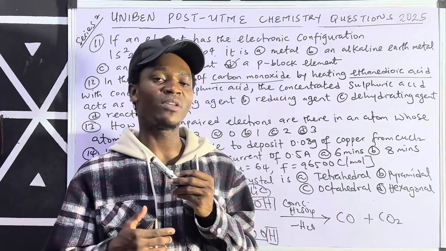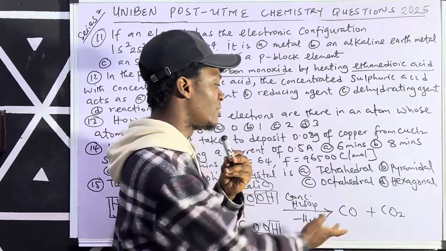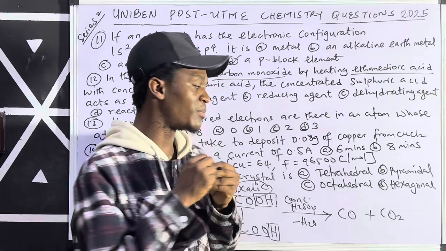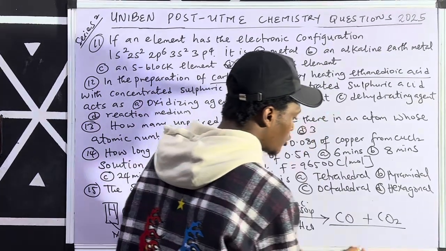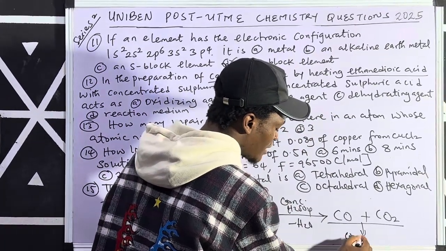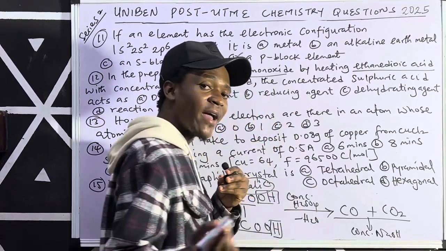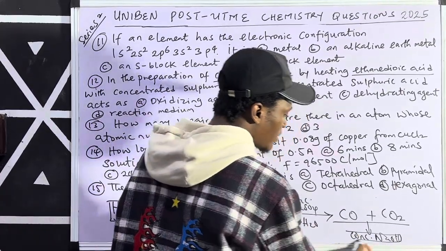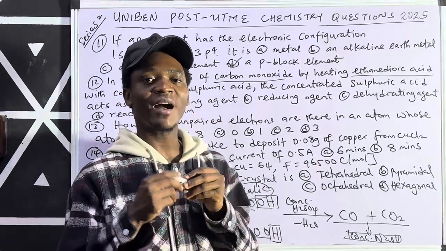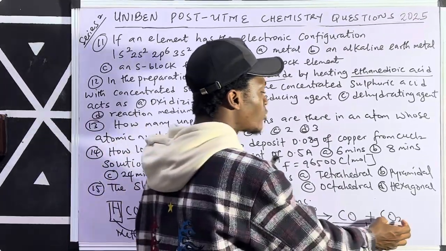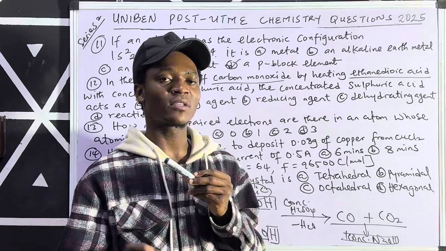So what are you supposed to do if you are more interested in obtaining CO? It's very easy. All you simply do is to pass this mixture through concentrated caustic soda, which is NaOH. Why? Because this concentrated caustic soda has strong affinity for binding onto what? Onto carbon dioxide, which is CO2.